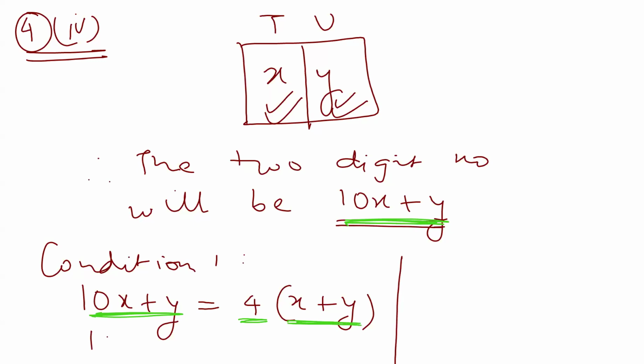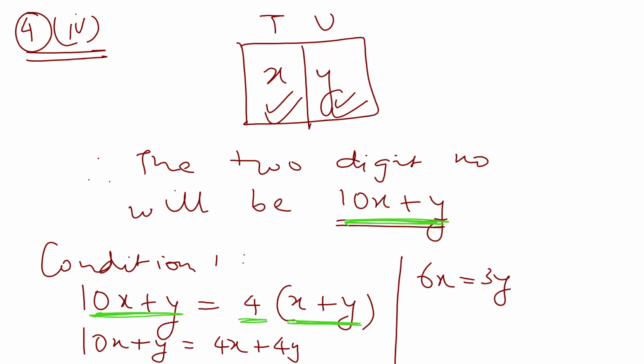So 10x plus y is equal to 4x plus 4y. So 6x is equal to 3y.